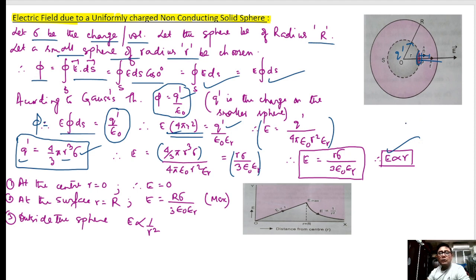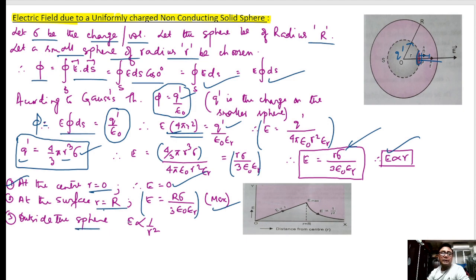So when r is 0, that means at the center of the solid sphere, as you can see in this formula, if r is 0, E is 0. If r is equal to the radius of the bigger sphere, this is the electric field maximum.